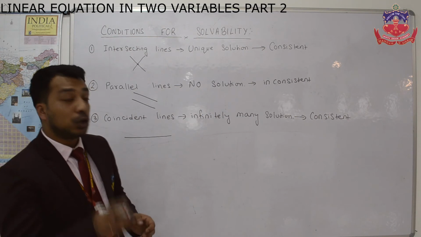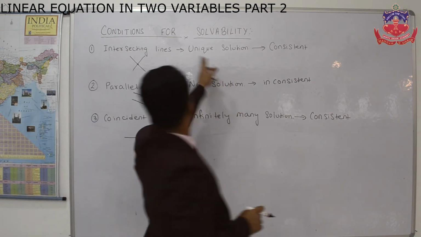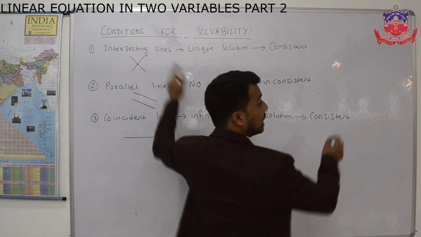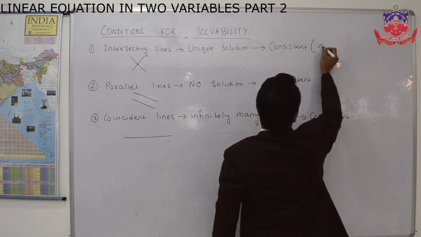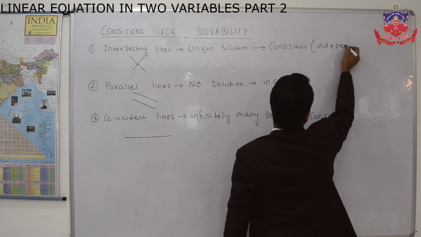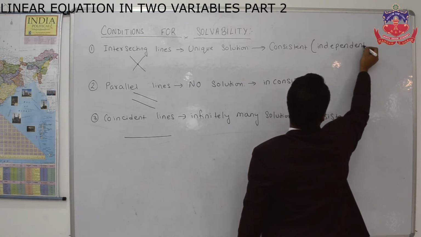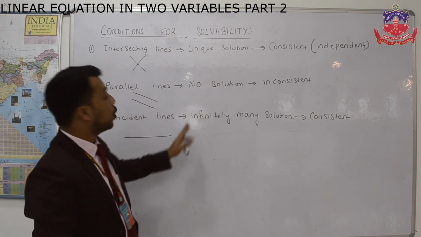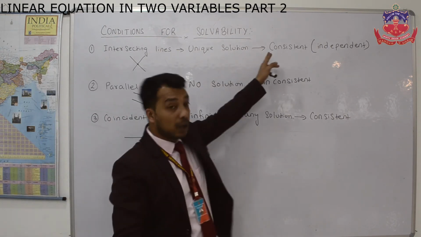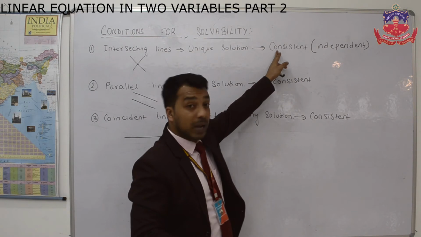That is the problem. So for the intersecting lines, they call the consistent as independent. This is just to differentiate intersecting and coincident, because both of them have a solution. So according to solution, they are also known as consistent.